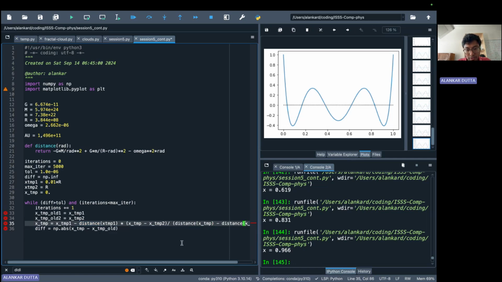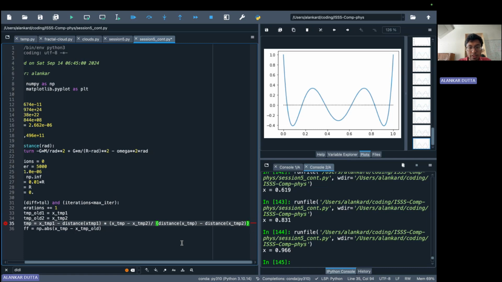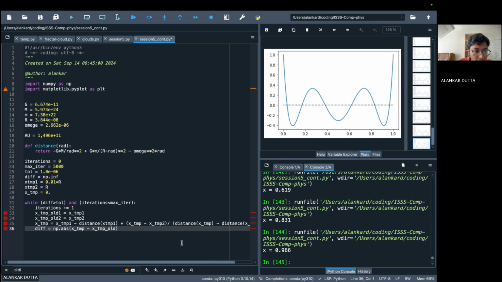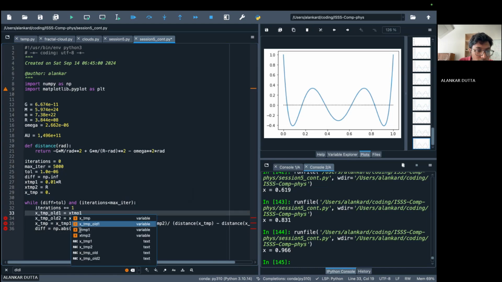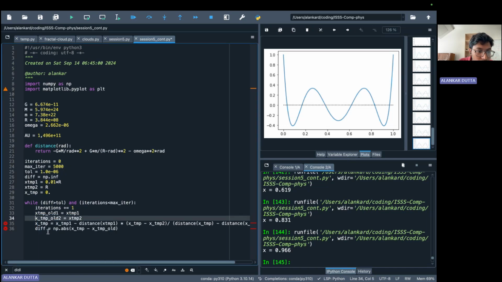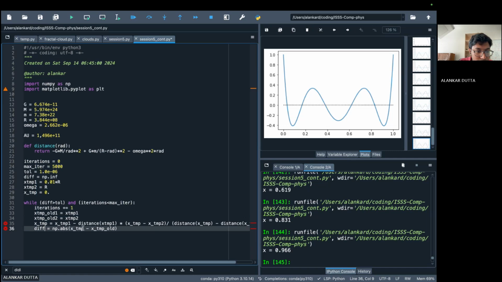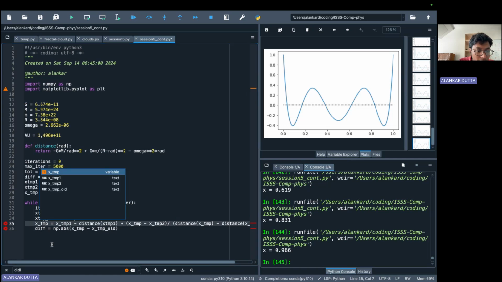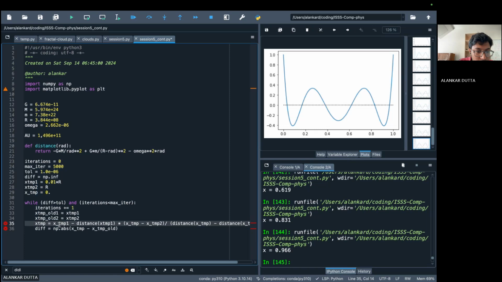I'm trying to hurry up in here just because of my charge on the laptop, and I apologize for that. Okay, so xtmp1, xtmp old 1 and xtmp old 2. xtmp is xtmp1 minus this, and this is xtmp2.